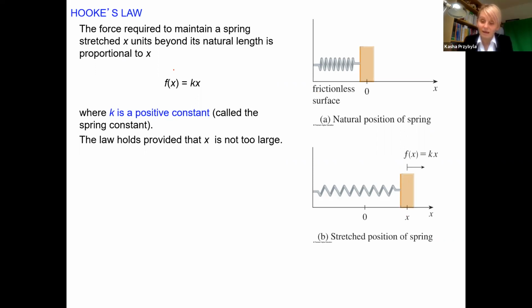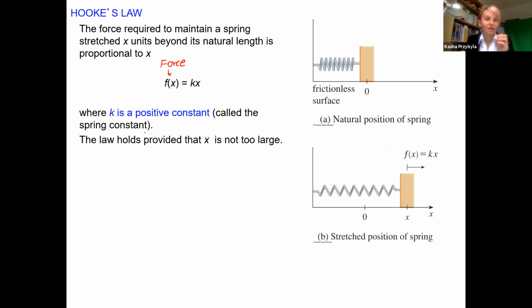And then that's force, okay, this is force, it will be defined as k times x. Okay? That means it's that coefficient k, where k is a positive constant, called the spring constant.